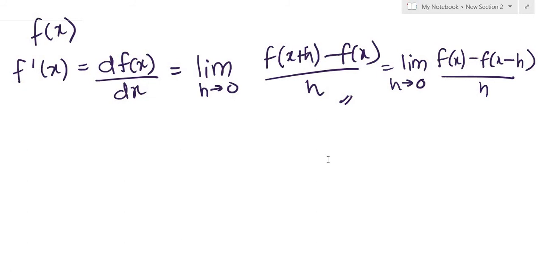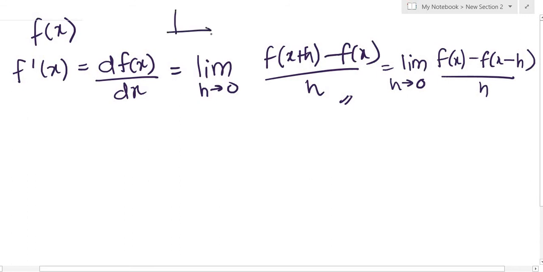Now I really prefer this notation over here, because it actually gives you an idea with respect to what you're differentiating. So it's basically differentiating f of x with respect to x, because if you remember our graph, we had x in the horizontal axis and f of x in the vertical axis.